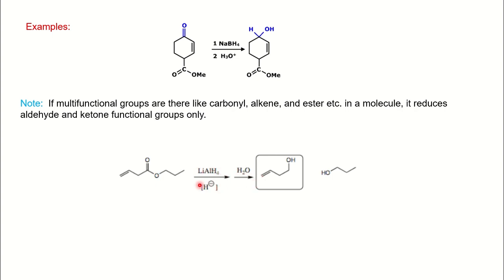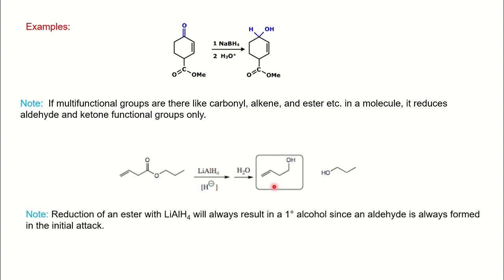In the first step you should not have water. For workup we add the water, and you can notice two alcohols are formed, and one is a byproduct, which you can remove by filtration during the workup procedure. So you have alcohol here as well. The same statements are mentioned here.